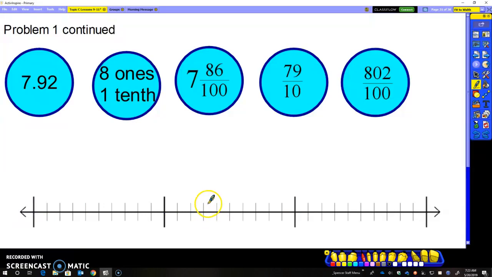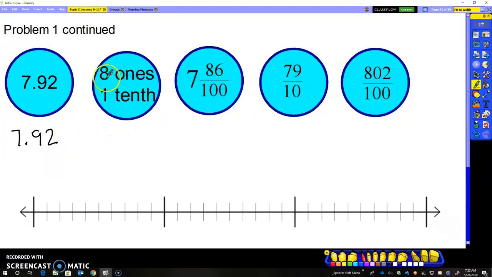I can't really do that yet. Okay, so I want you, for all your numbers that you're given today, to convert them to a decimal. This one is already converted to a decimal, so I'm just going to rewrite that I need to place 7 and 92 hundredths somewhere on this number line. Okay, so I rewrote it so I wouldn't forget about it.